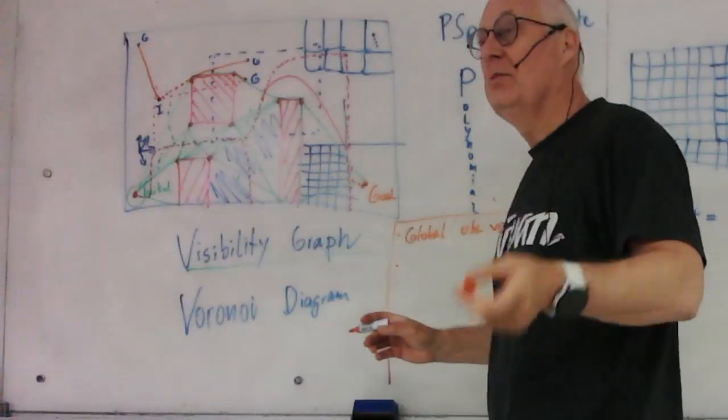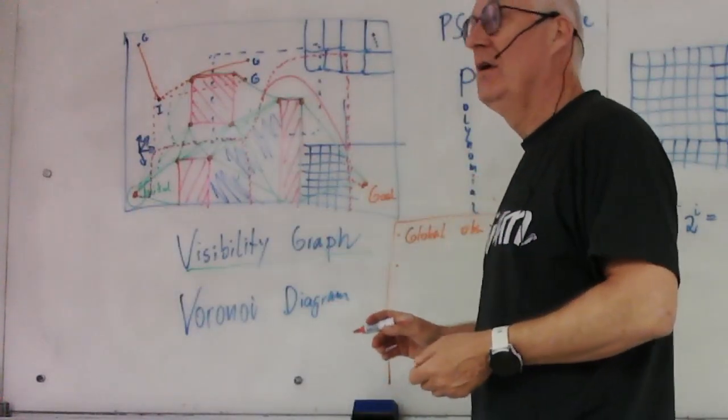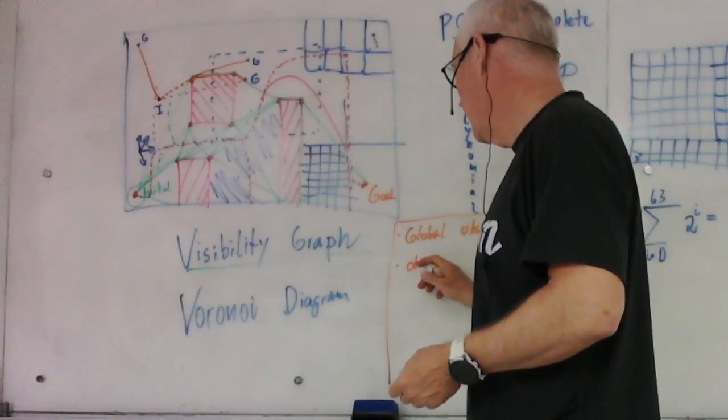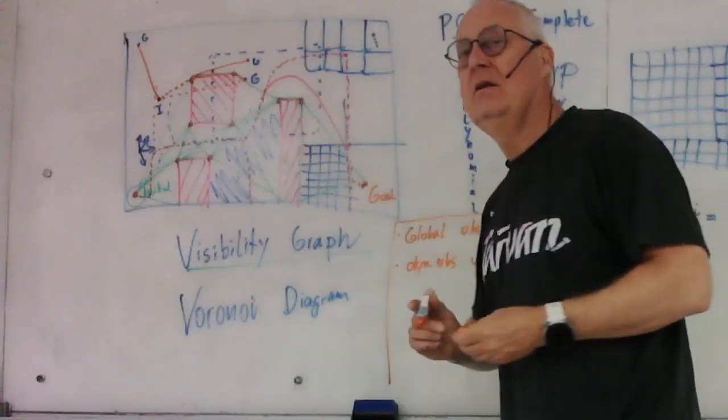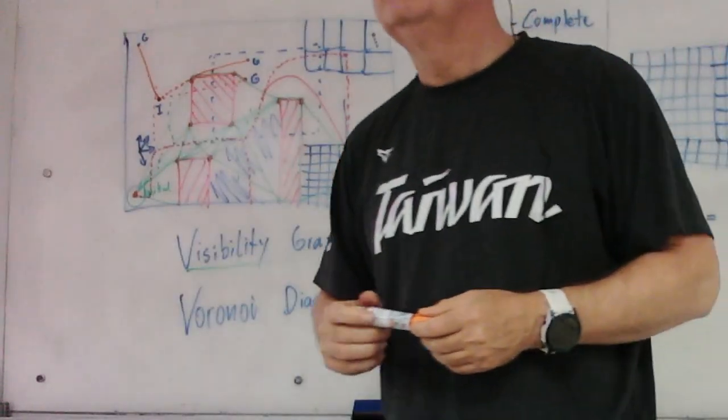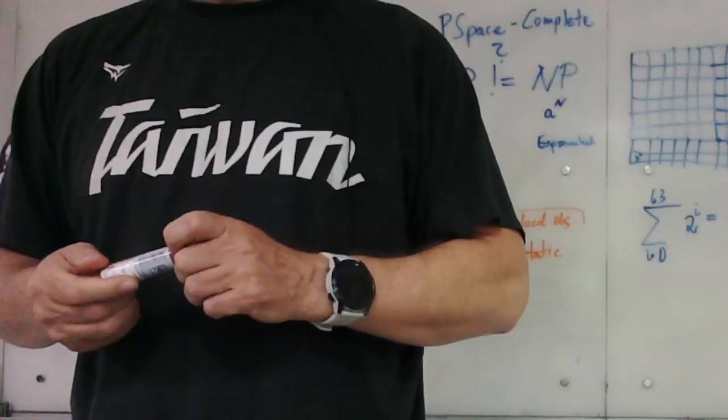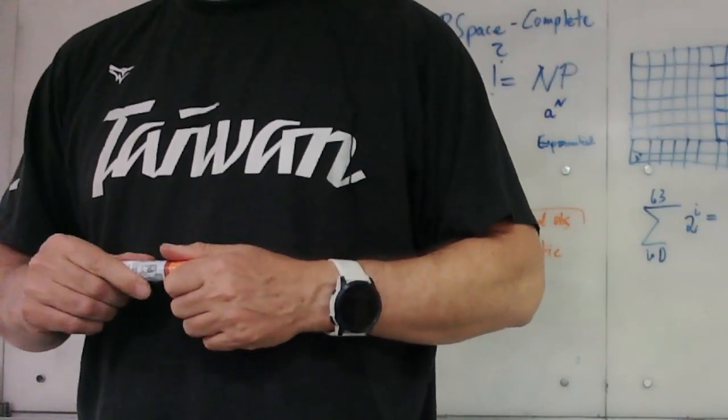Pedestrians, motor scooters, cars, all move. So those are dynamic obstacles, and you need to avoid them somehow. So that's a huge problem too.